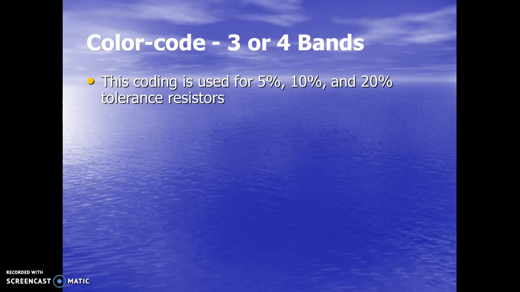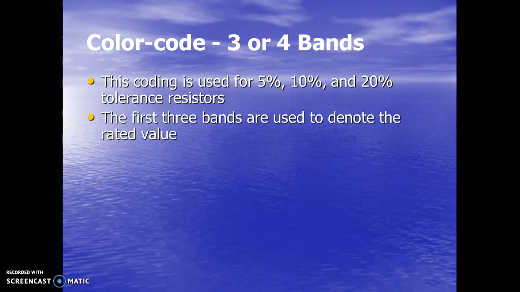So 3 and 4 band color code is used for these, we can say imprecise resistors, the ones that are plus or minus 5, 10, or even 20%. We call them 5%, 10% tolerance resistors.